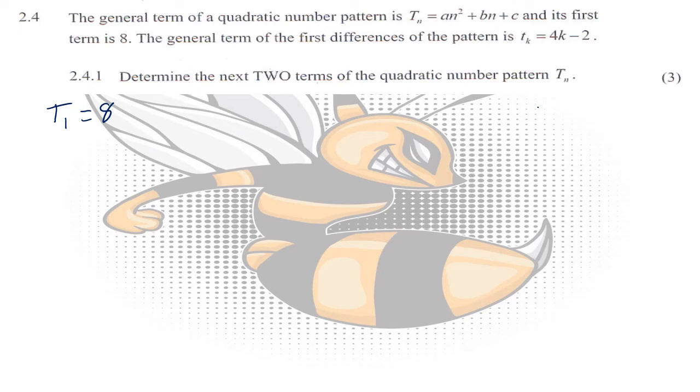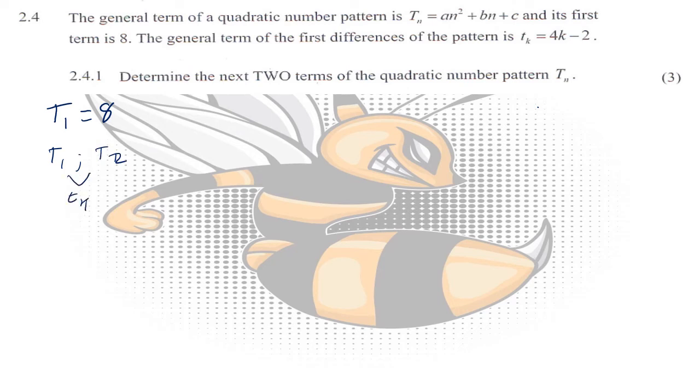So they then ask us in 2.4.1, determine the next two terms of the quadratic number pattern Tn. So they've already started by giving us term 1, which is 8, and then from the rest of the information we know that the difference between term 1 and term 2 will be the first tk.